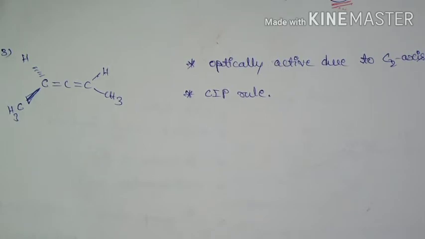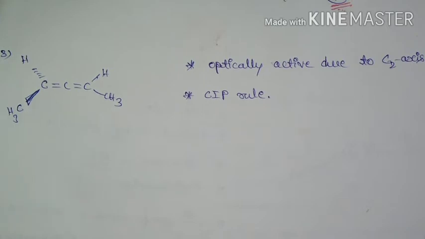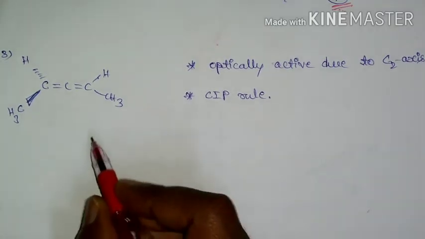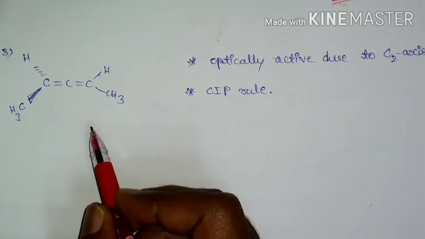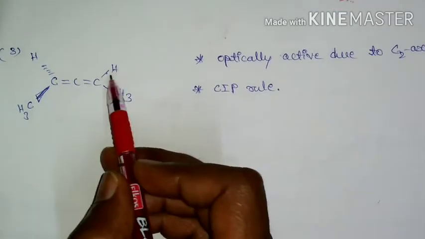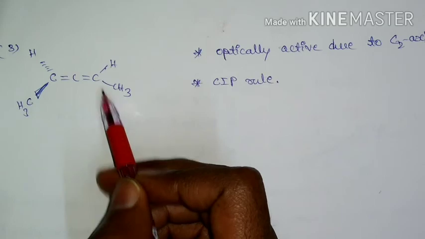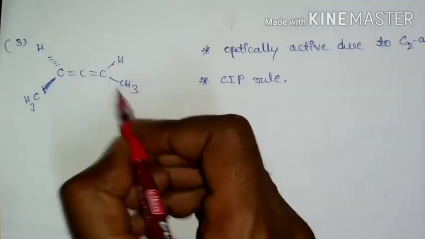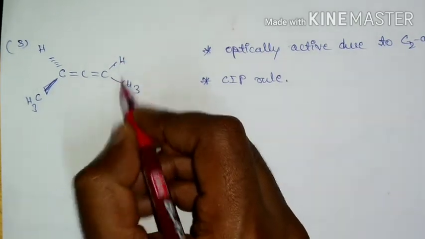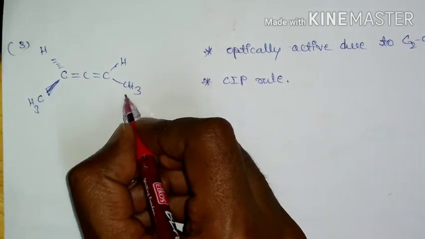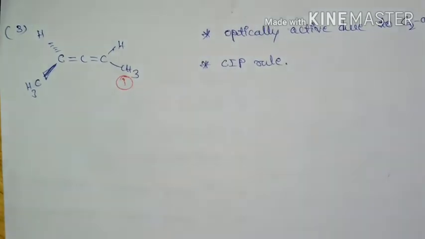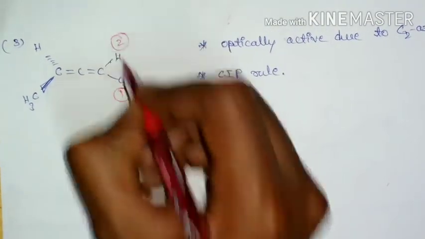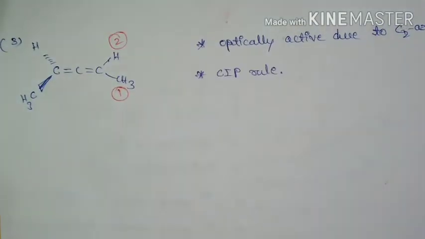First we need to give priorities for the bonds which are on the plane. These two bonds are on the plane, so we give priorities to these. CH3 will take first priority and H will take second priority.